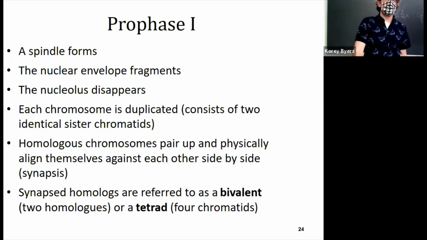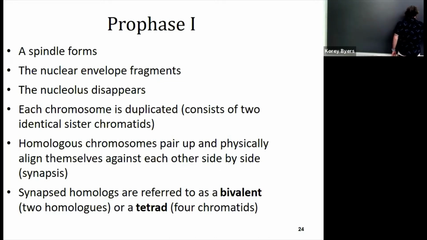We said they synapsed. Now, when they synapse, we use different terms to talk about our sisters. When we synapse, we can use the word bivalent and tetrad. Bivalent is referring to our 2 homologs.